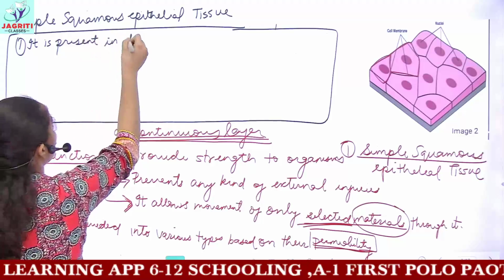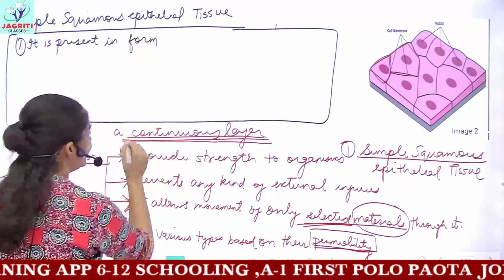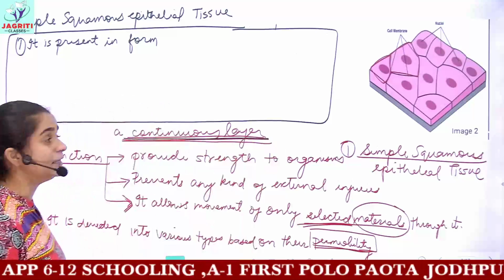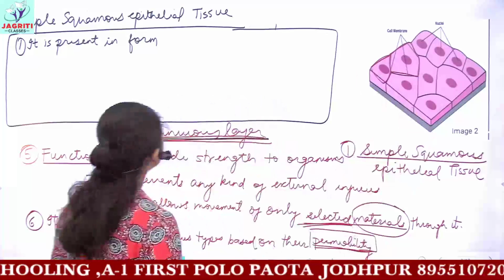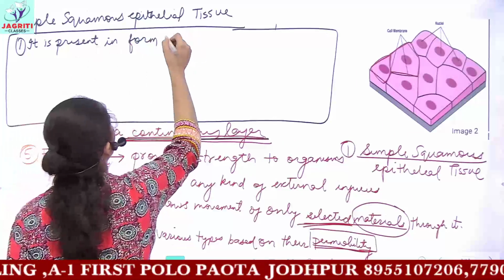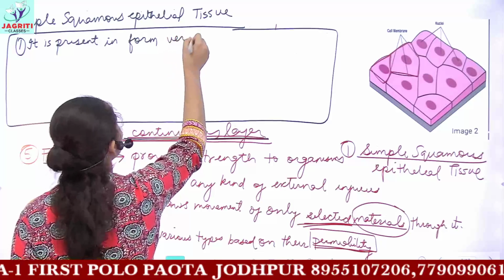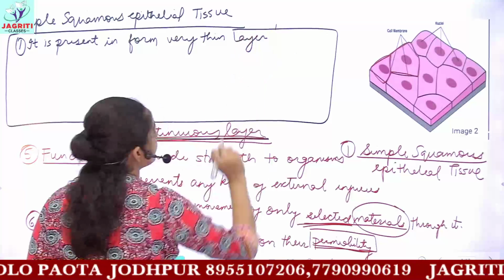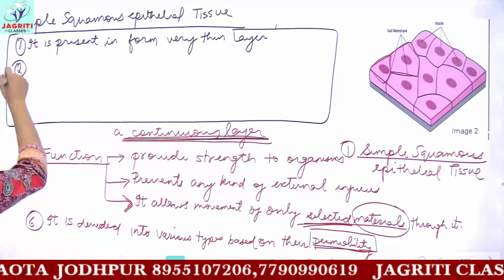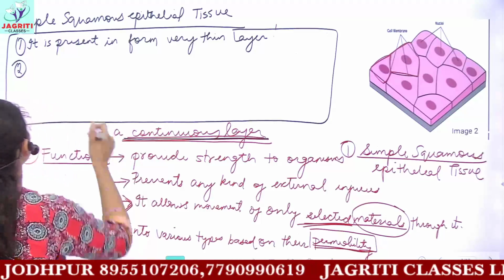We already said that it is present in the form of continuous layer, but you can see it is only one cell thick. So it is present in a form of very thin layer. It may be 1 to 2 cells thick, none more than this.